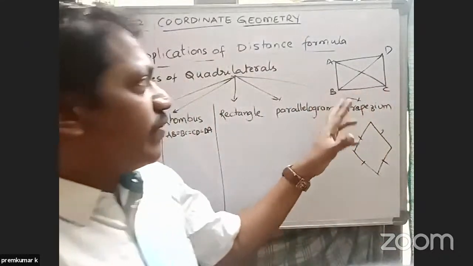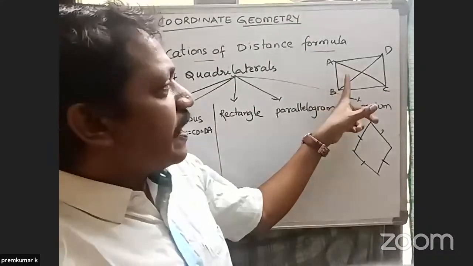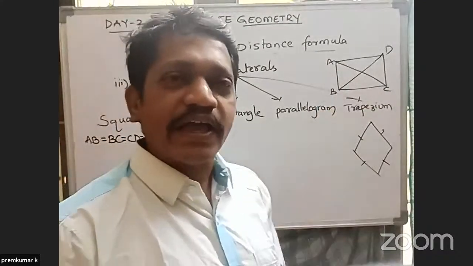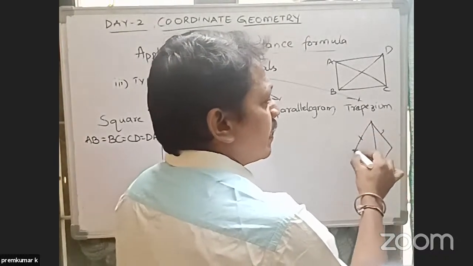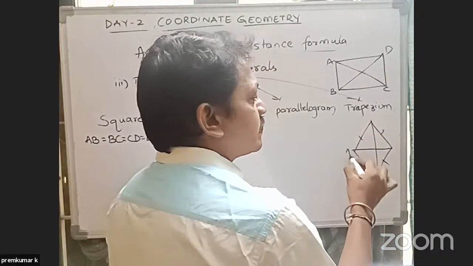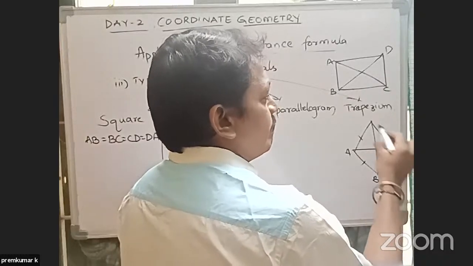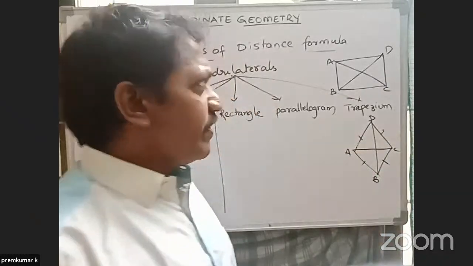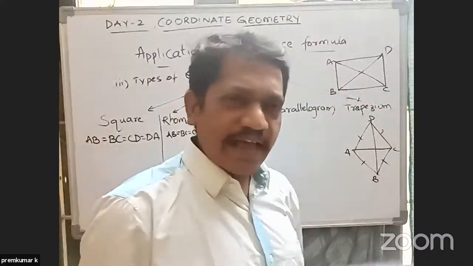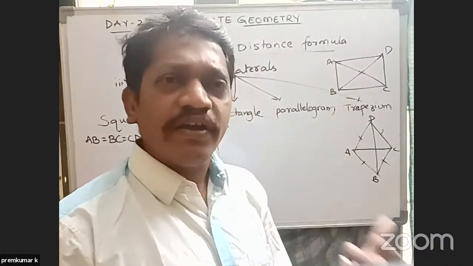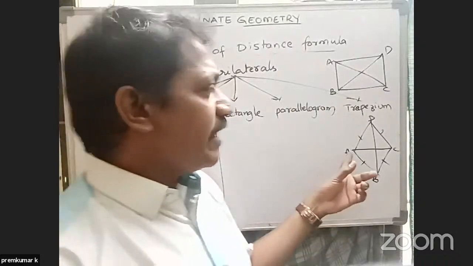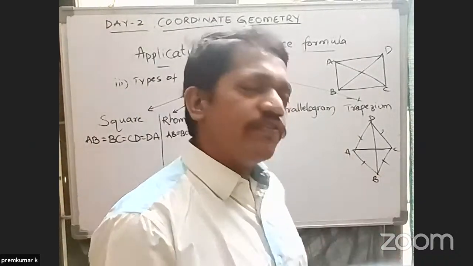Diagonal. We have to find the lengths of the diagonals also. Here also we will find the lengths of the diagonals. From the lower classes we learned that in a square the diagonals are equal, but it is not the case in a rhombus.